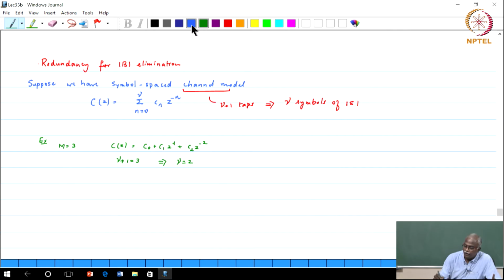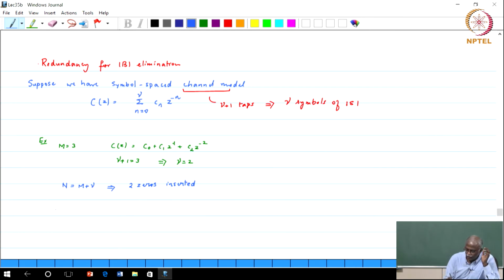Now, what is N? N is the block length with the redundancy built in. Take N to be equal to M plus nu, so it is 3 plus 2 equal to 5, and wherever you do not have any data, we just insert zeros. So, there are 2 zeros inserted.